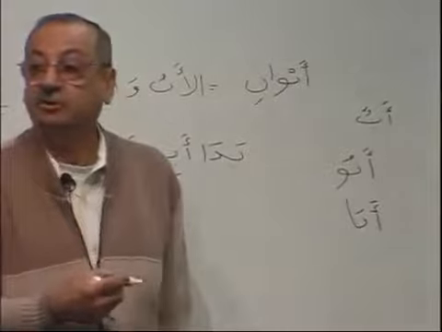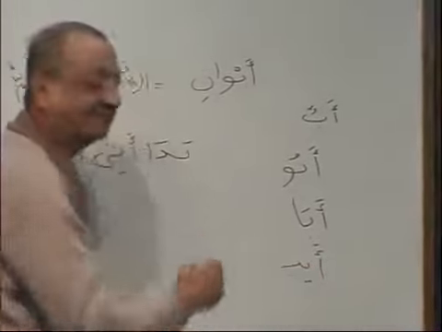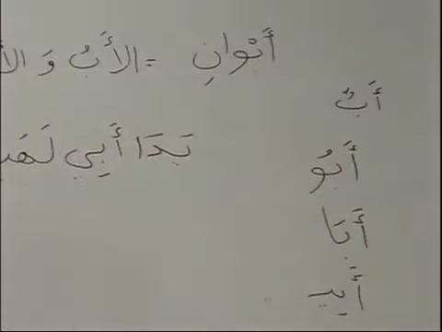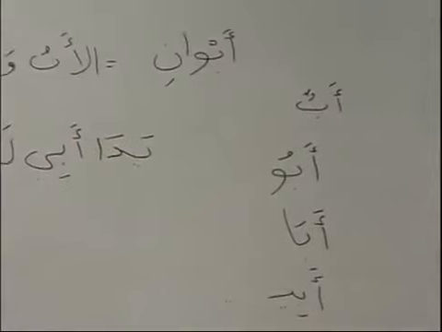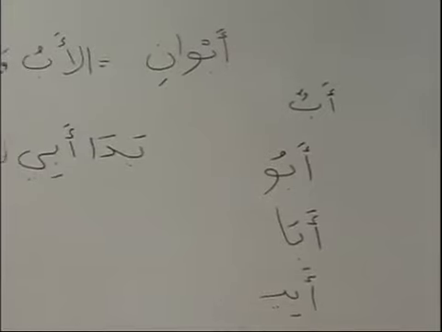Now make it majroor. That's the idea. That's the reason that it became majroor bil ya, because it is from the five nouns. Are you with me? Okay. And it is mudaf. And then Lahab is mudaf ilayhi.